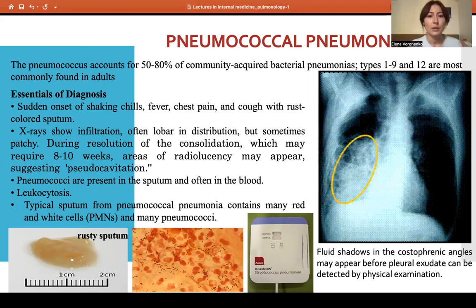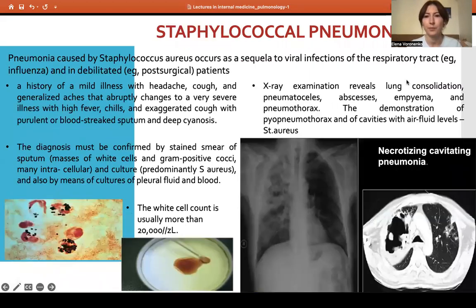Pneumococci are present in the sputum and often in the blood. Leukocytosis. Typical sputum from pneumococcal pneumonia contains many red and white cells and many pneumococci.